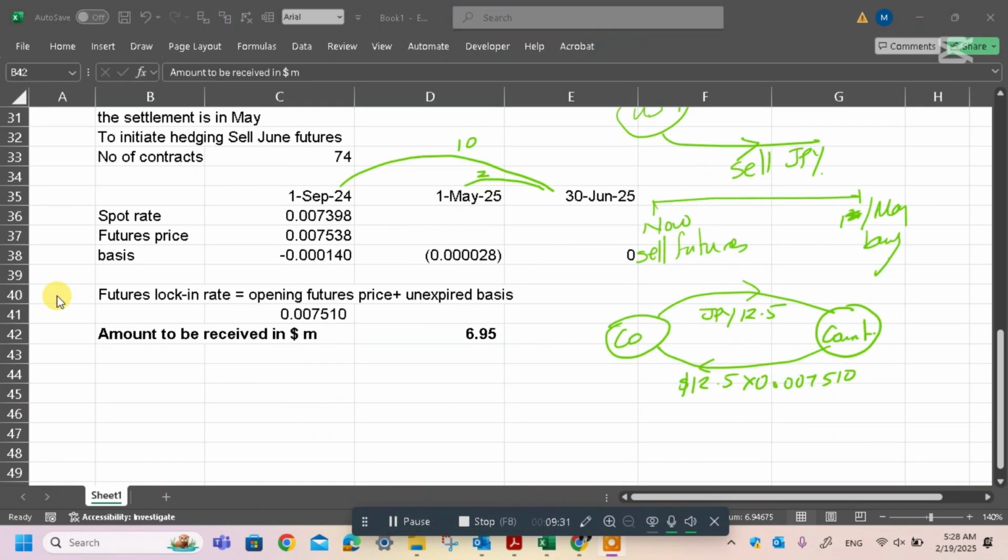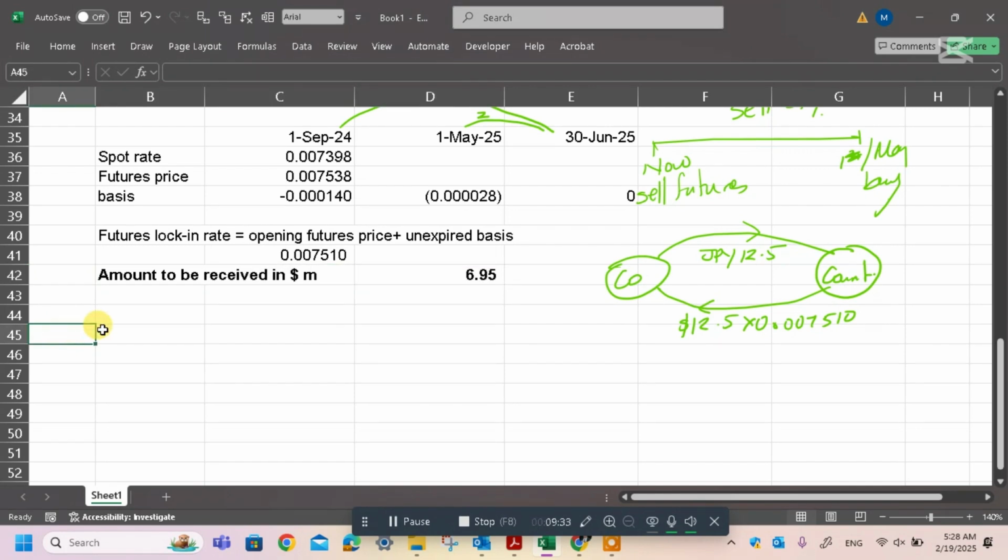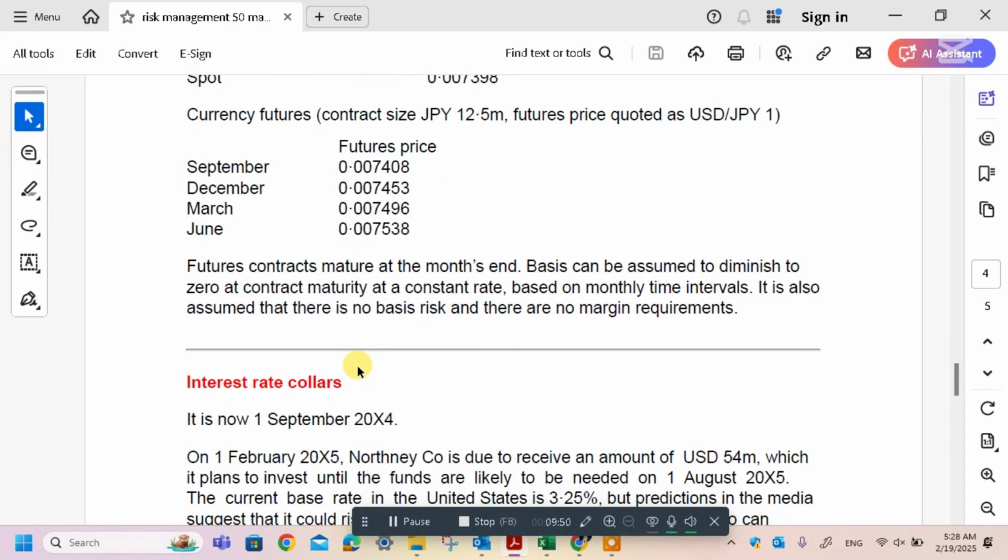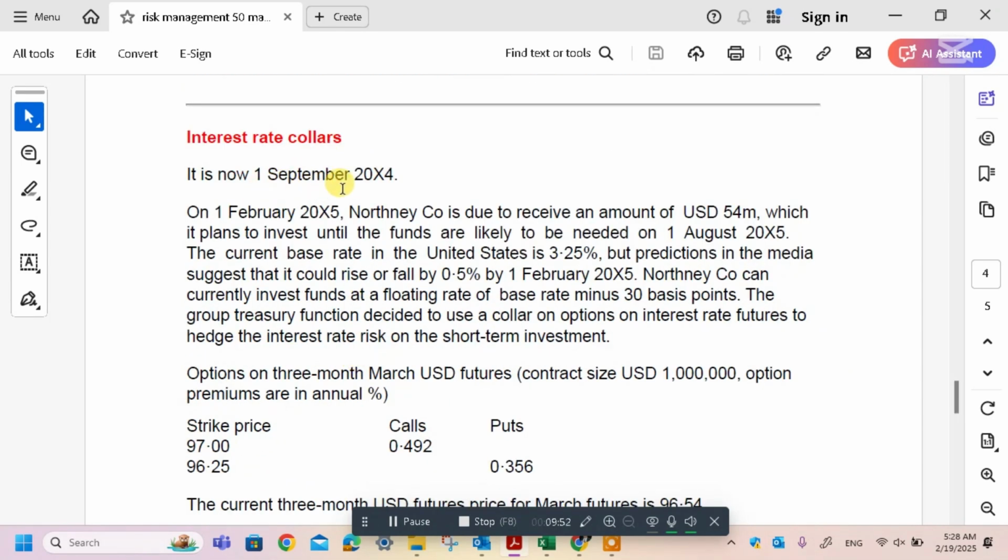Right. Now let's go to the third calculation. Once the third calculation is over, we can go to the report part, Annexure 3. What is Annexure 3? About interest rate collar. It's now 1st of September. On 1st of February 2015, Northern company is due to receive an amount of this much.